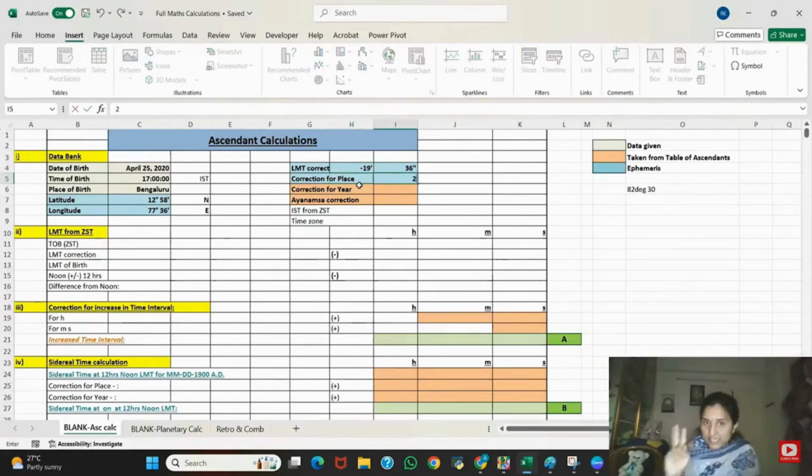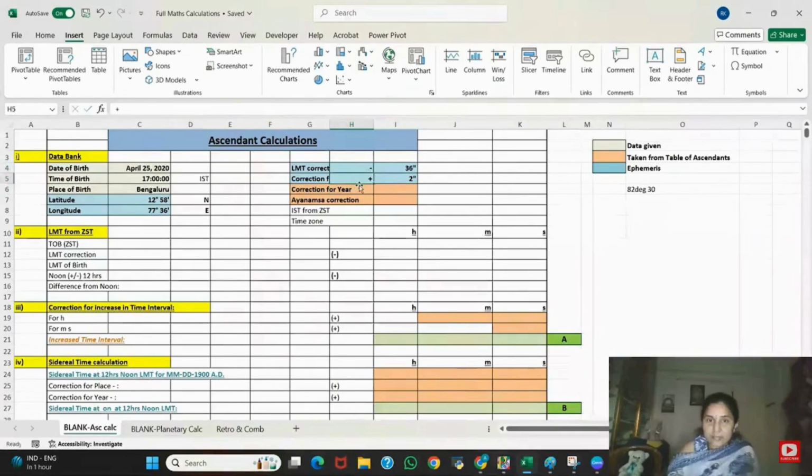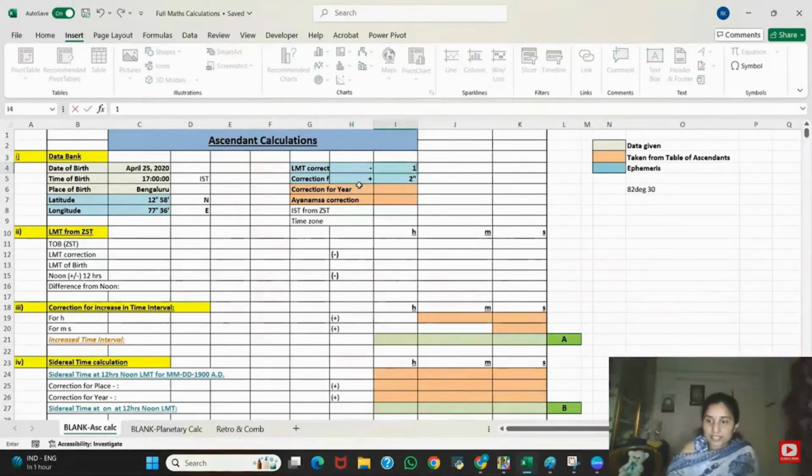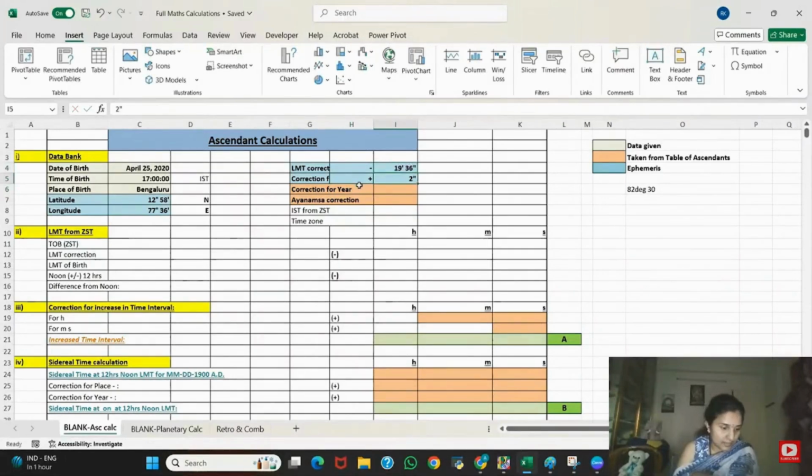There is 2 seconds correction also, which we have to note, and this is a positive one. So this is the correction for place.